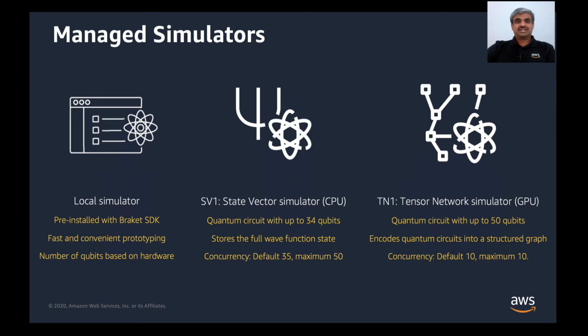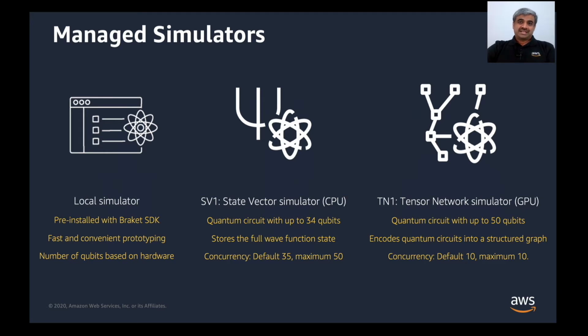Local simulator: this is part of the SDK, and the tasks run directly on your local machine, and this is very useful for rapid prototyping and testing. The results are computed directly in the machine, so it could be where your Jupyter notebook is running. So it could be the managed notebook or your local machine if you install it locally.